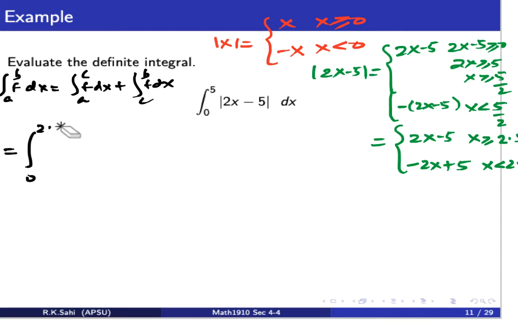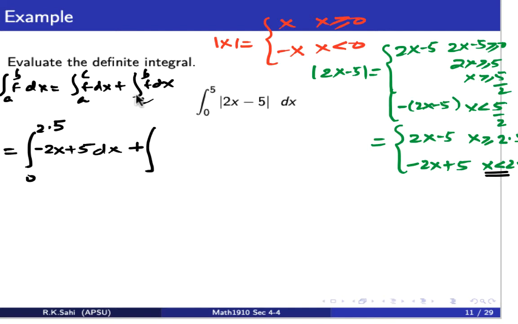When you do the math, keep in mind that from 0 to 2.5, x is less than 2.5, so this is the expression we have to write: negative 2x plus 5 dx, plus.